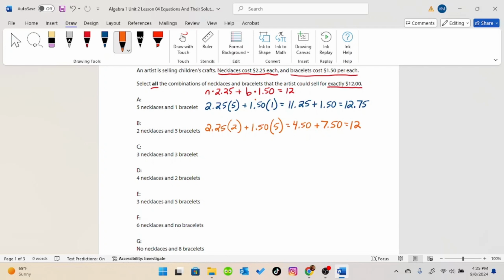That's what we needed it to equal, so B is a correct possible combination.